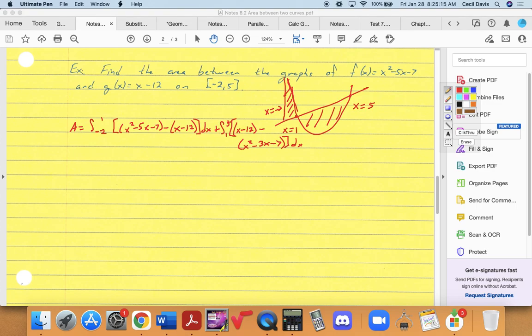So if they intersect somewhere inside of your interval, they may change positions.